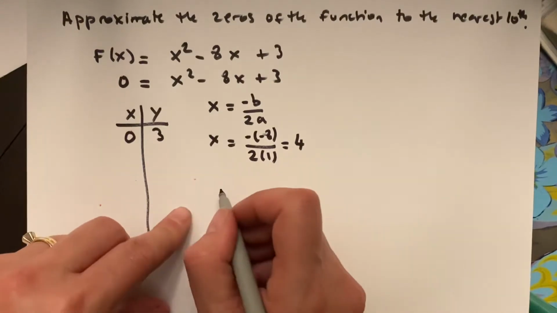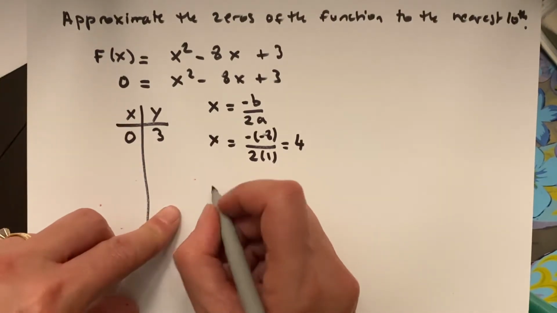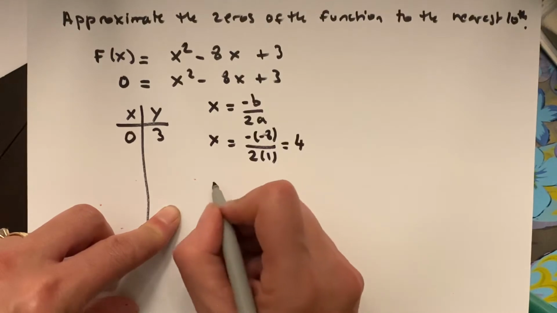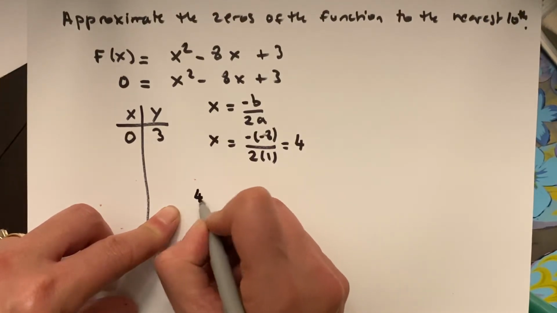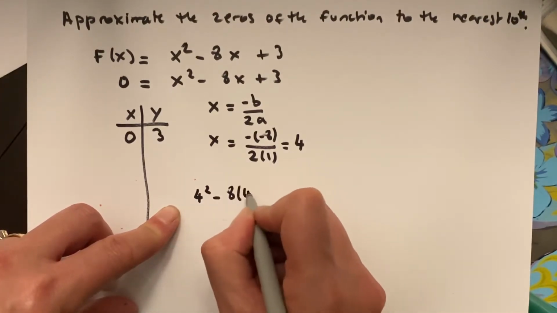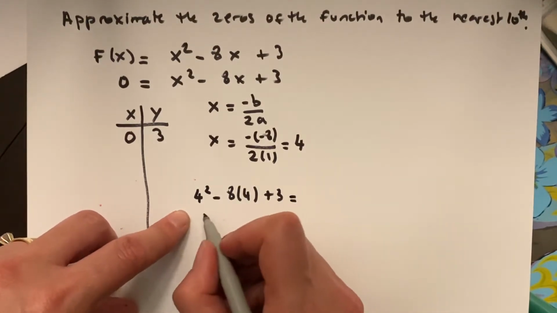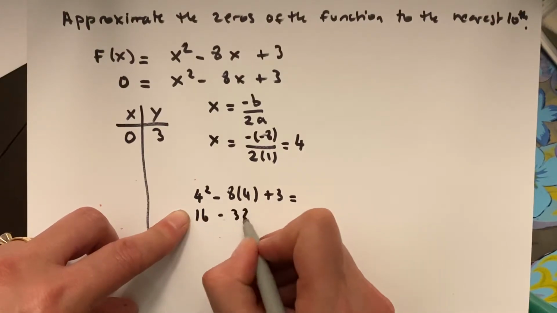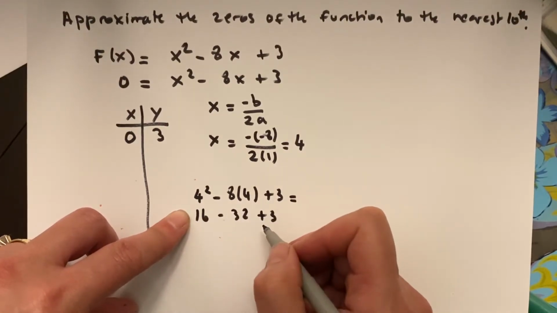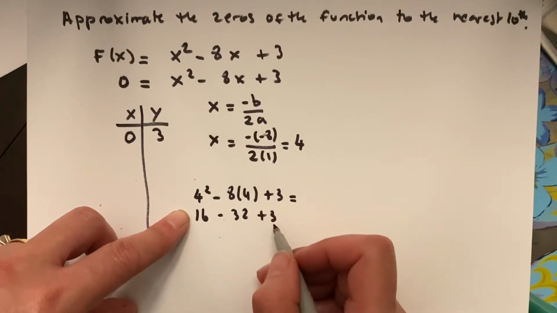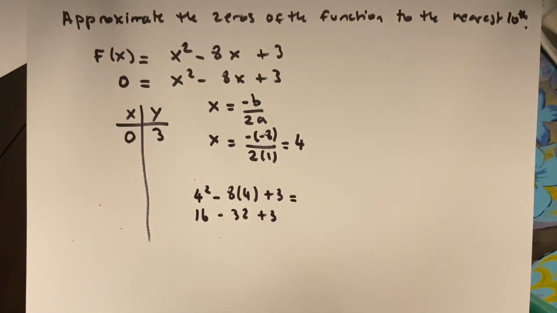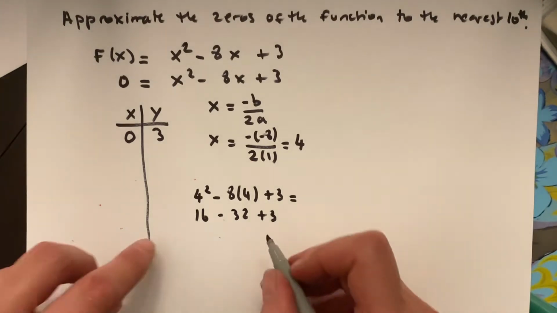And I'm going to use that and plug back into this equation. When x is 4, 4 squared minus 8 times 4 plus 3 is going to give me 16 minus 32 plus 3. 16 plus 3 is 19, and 32 minus 19 is 13.